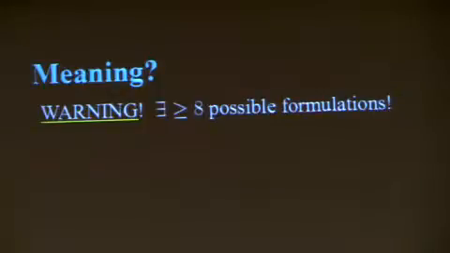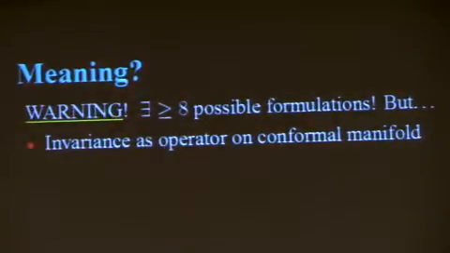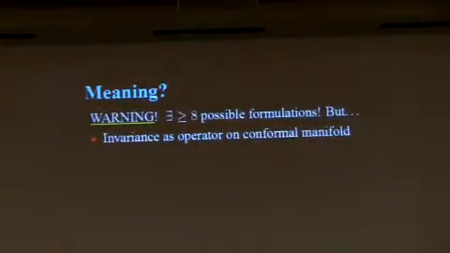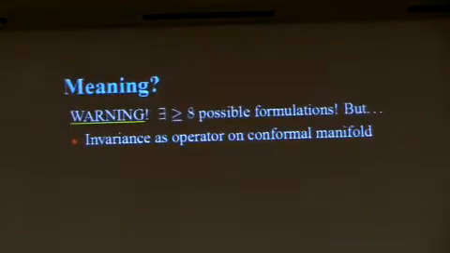Okay, now, what I'm going to do in this talk is talk about two meanings of conformal invariance. One definition, this first definition I'm not even going to define, but I'm going to show you lots of examples of how it happens. This is invariance as an operator on a conformal manifold.